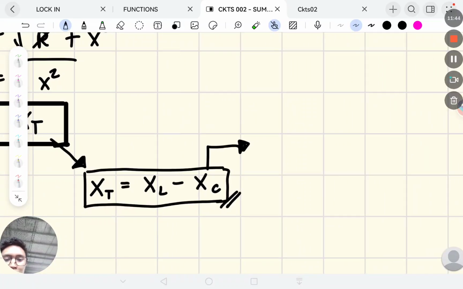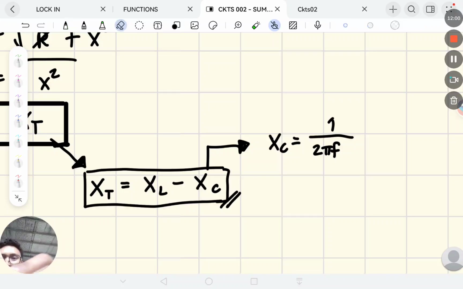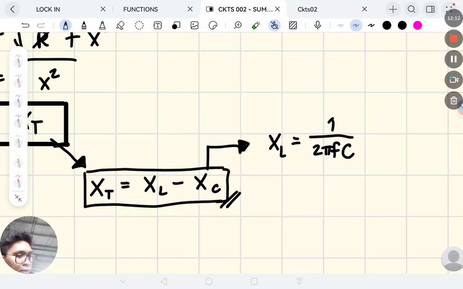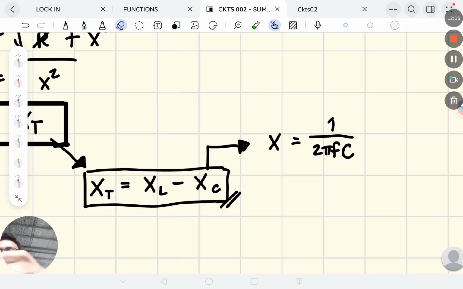Okay, so for the capacitive reactance, XC is equals to 1 over 2 pi f C. Wait lang guys, nalilito.